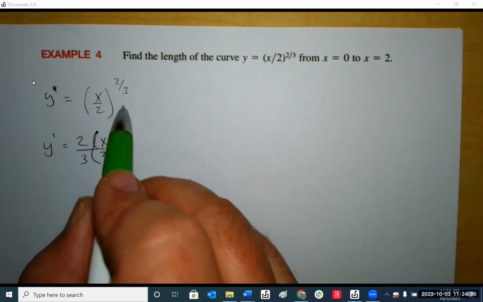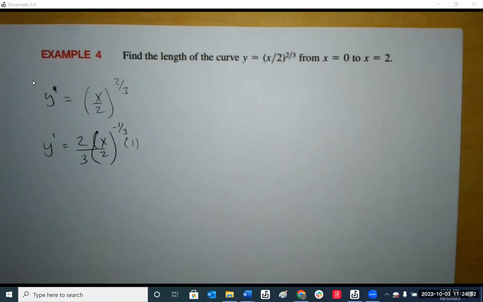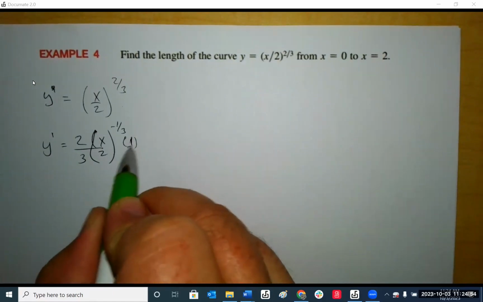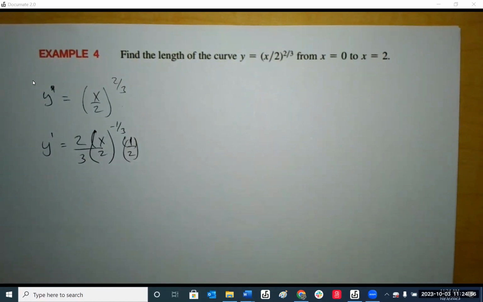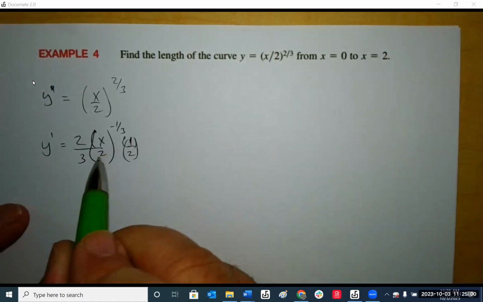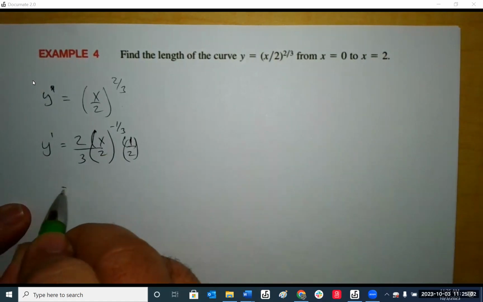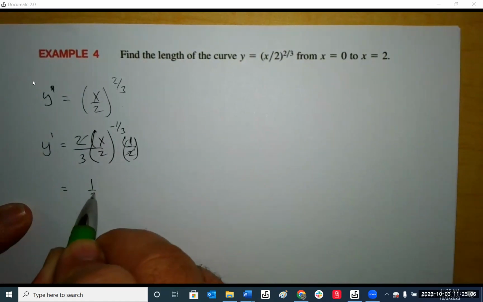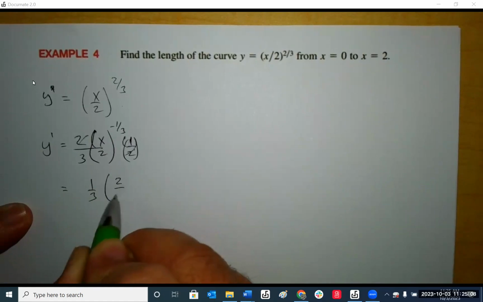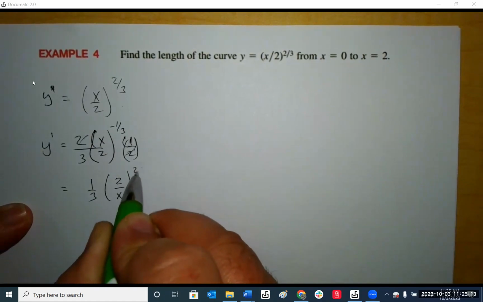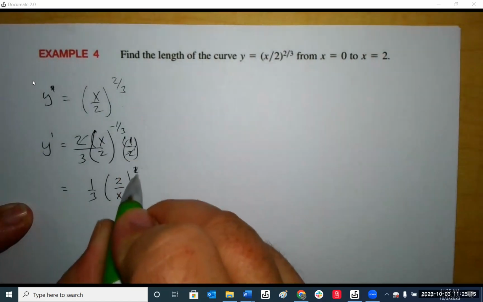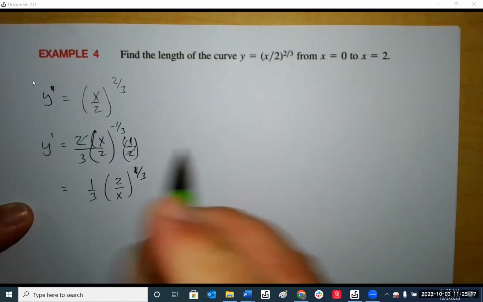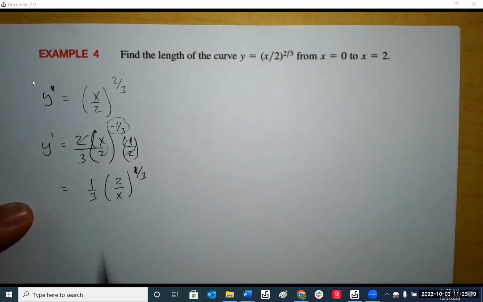The derivative of the outside times the derivative of the inside, which is 1/2. The 2's cancel, so we have 1/3 times (2 over x) to the power positive 1/3, because we took this and flipped the inside.